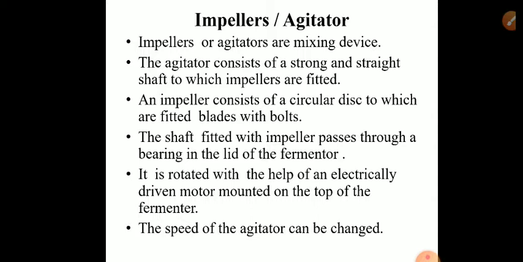So how is mixing done in a fermenter? The first important part is the impeller or agitator. An agitator is a mixing device used for proper mixing of the fermentation medium, oxygen, and whatever you are adding.